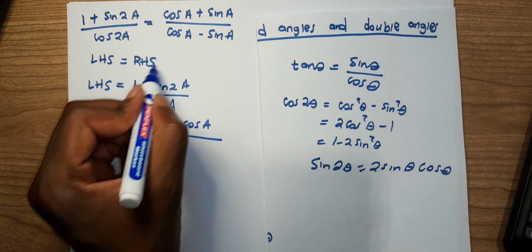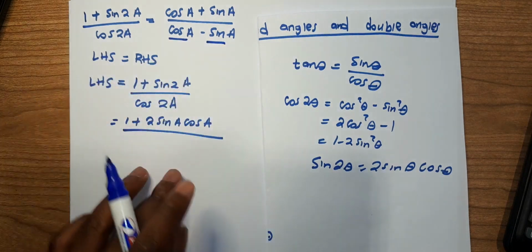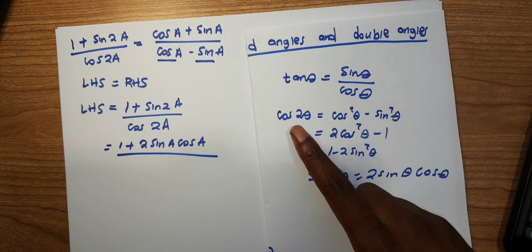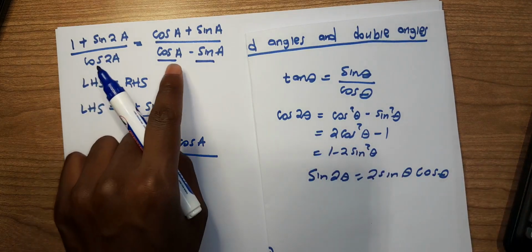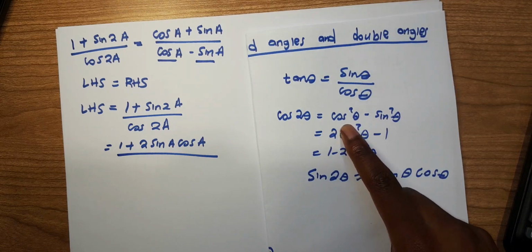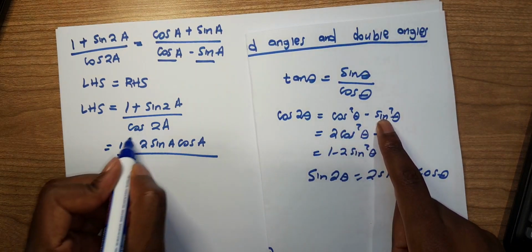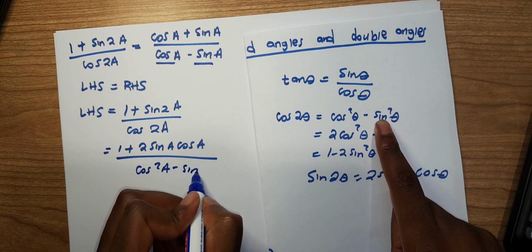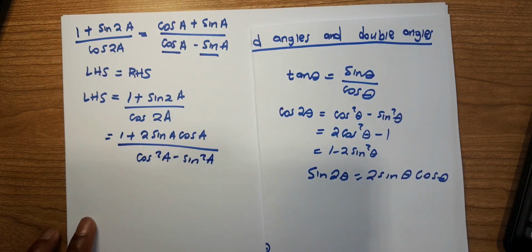Now let's look at the bottom of the right hand side. It has cos of alpha minus sine of alpha. When you look at your identities, which one is similar? Of course, the first option, cos squared theta minus sine squared theta. So here you say cos squared alpha minus sine squared alpha, right?